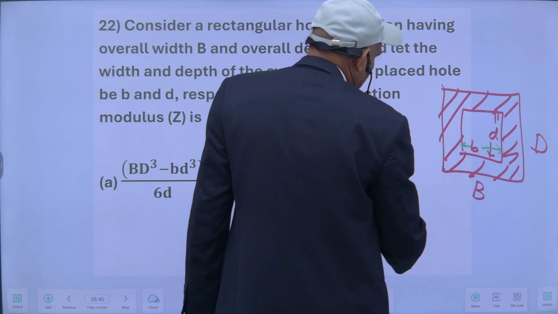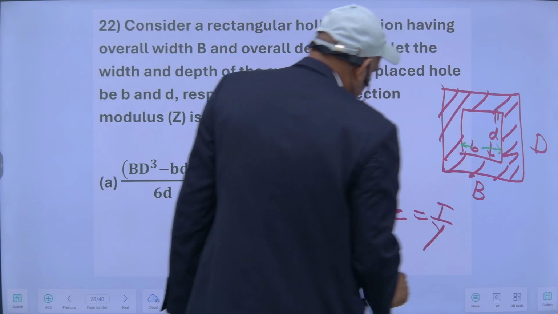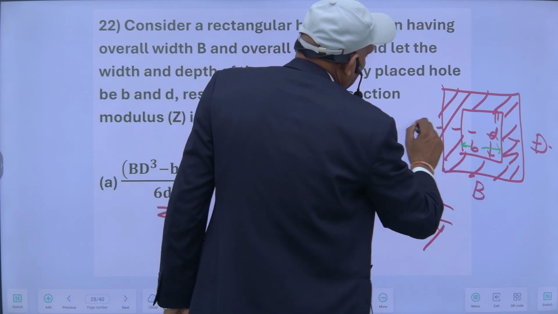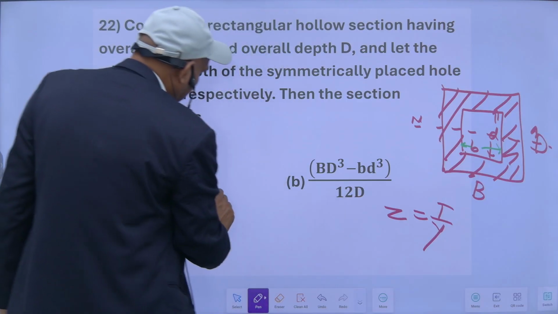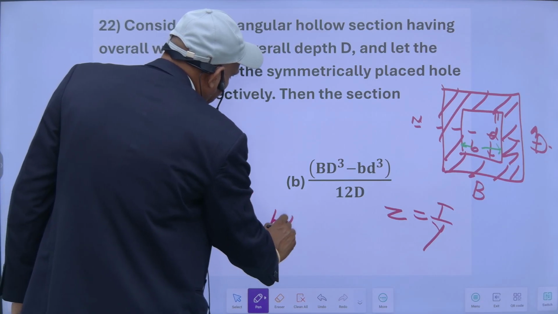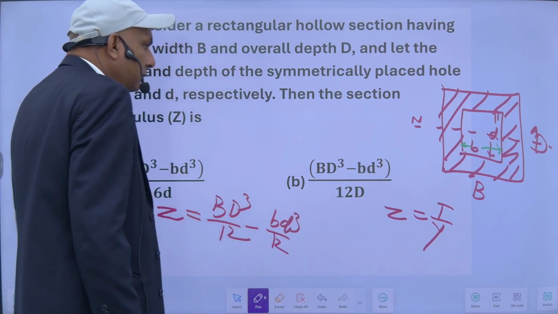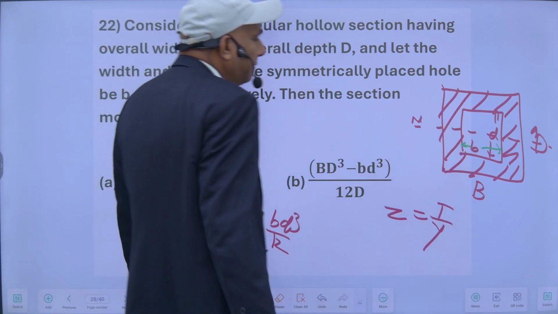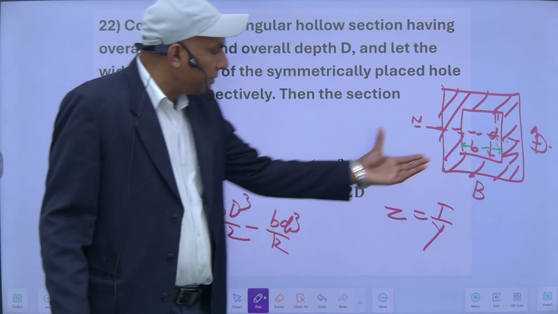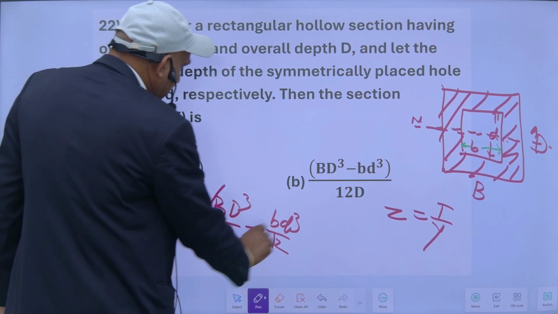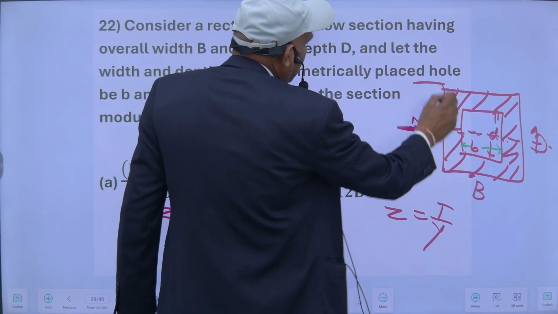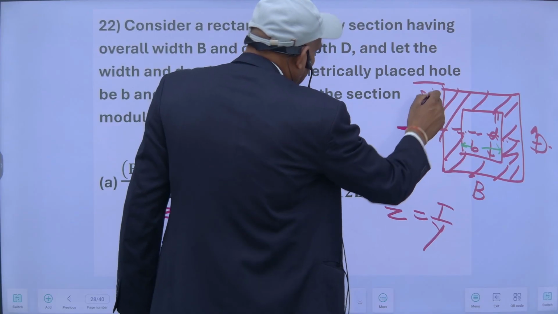Now section modulus z is equal to I upon y. So moment of inertia about the neutral axis, this is symmetrical neutral axis. So I will be BD cube upon 12 minus bd cube upon 12. Since both have the same centroidal axis, outer moment of inertia minus inner moment of inertia will be I, divided by half of this depth, which is D by 2.